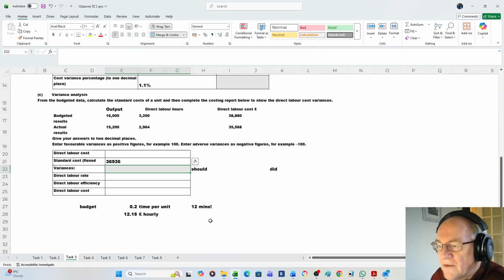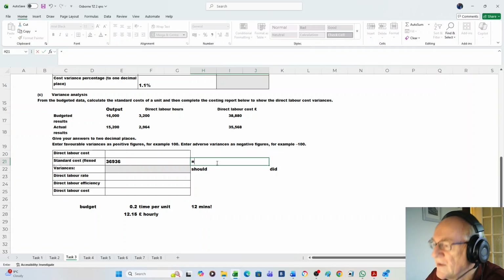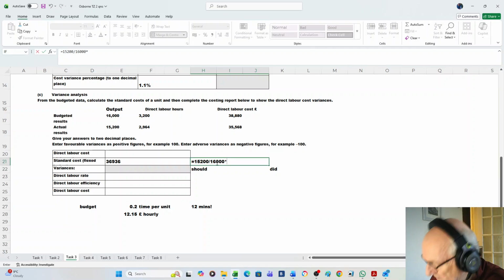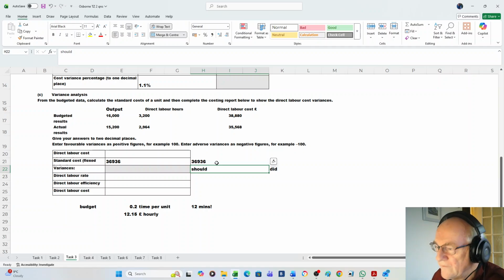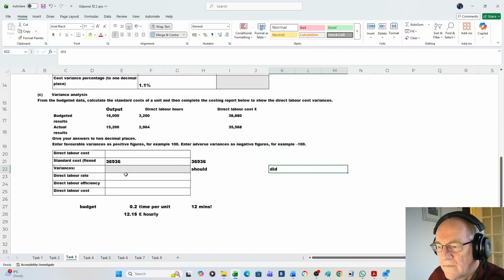And that's our standard cost. We could also have worked this one out a different way. We could have worked out 15,200 over 16,000 times the 38,880. Comes to the same answer. Whichever way works for you.